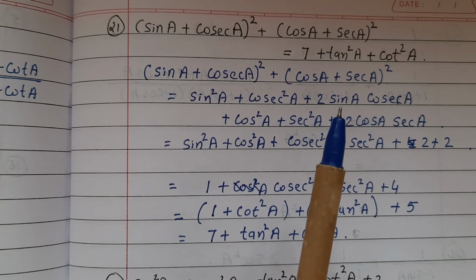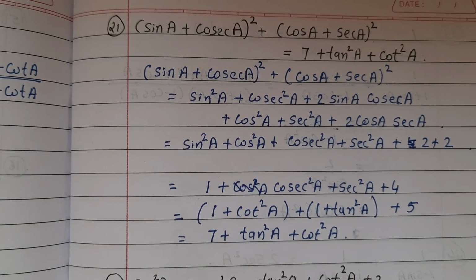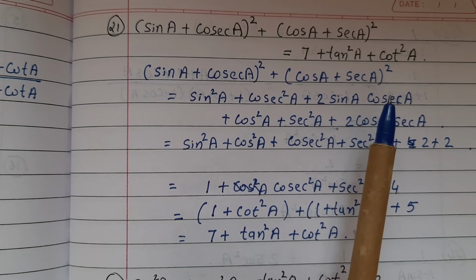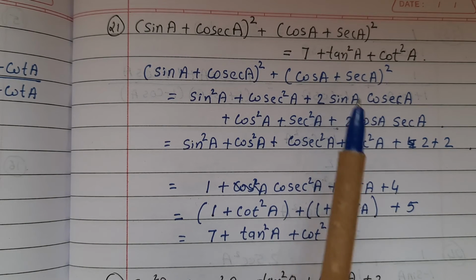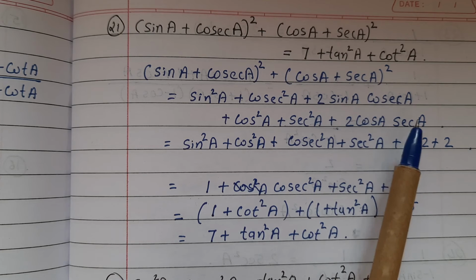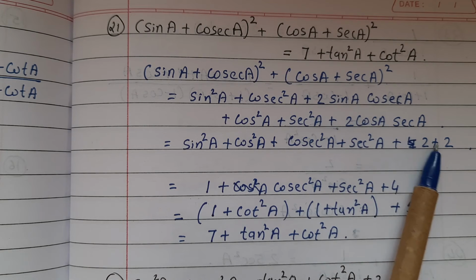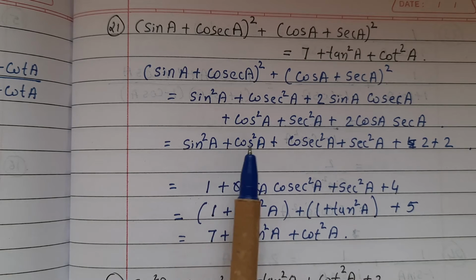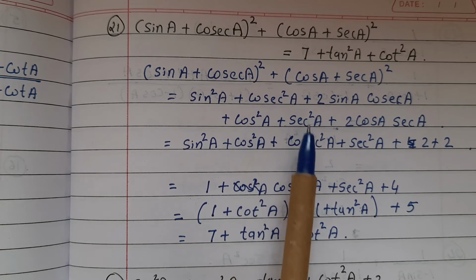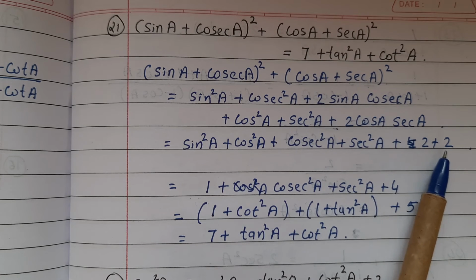Sin A cosec A is equal to sin A into 1 upon sin A. So sin A gets cancelled. 2 is the answer. Cos A sec A is 1 upon cos A, so cos A gets cancelled. 2 is remaining. So we get sin square A plus cos square A plus cosec square A plus sec square A plus 2 plus 2.